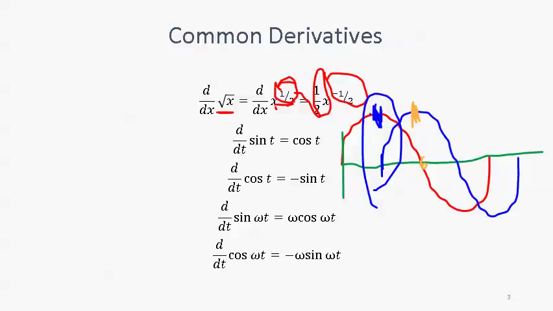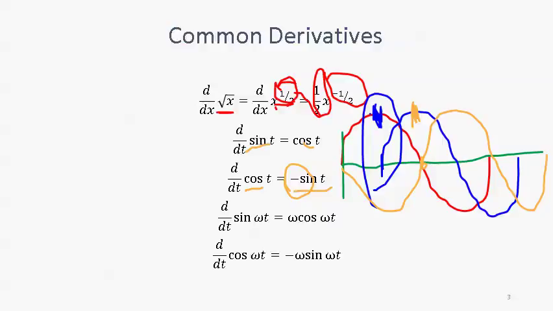So that's where it's going to start, and it's going to follow the same path. But what we see is that that's exactly out of phase if we back up the other way from the sine function. That's the negative of the sine function. So the derivative of the sine is the cosine. The derivative of the cosine is the negative sine function.